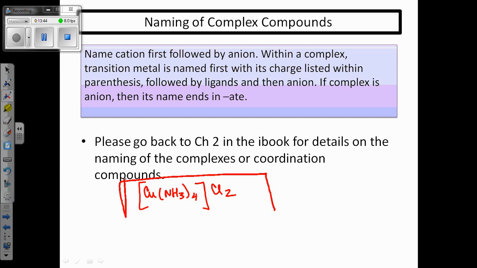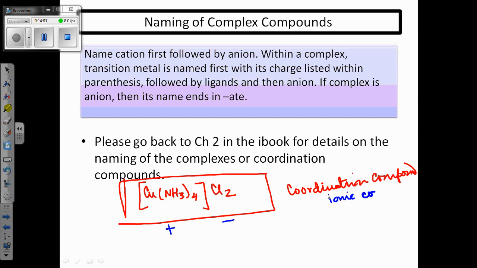This whole compound is called a coordination compound, and it is made up of a cation and an anion. Coordination compounds are ionic compounds, and they are always soluble in water. And this is made up of two parts, cation and anion.